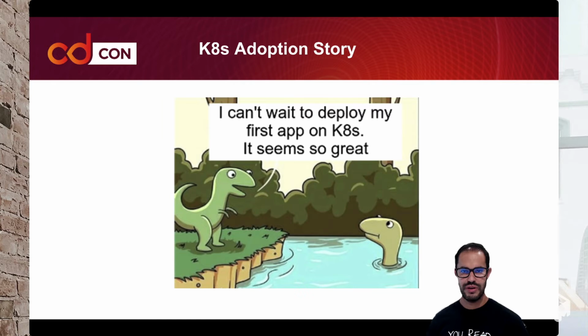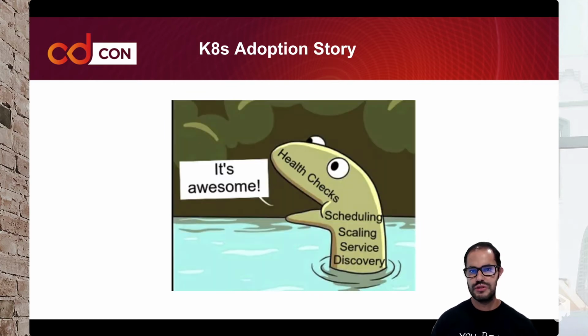And if we look at the adoption story for Kubernetes, we see this across a bunch of companies. That's how it starts for a lot of folks. You see people talking about Kubernetes everywhere, and you're like, well, I'm excited, I gotta try this thing. And when you ask your teammates, have you used Kubernetes? Do you like it? The usual response is it is awesome, because you get so many things for free.